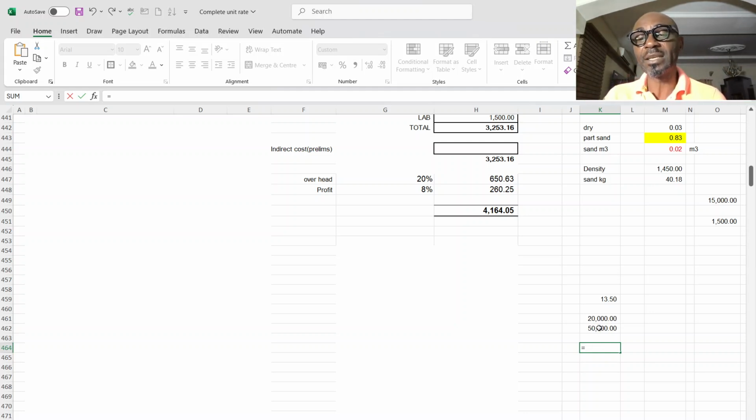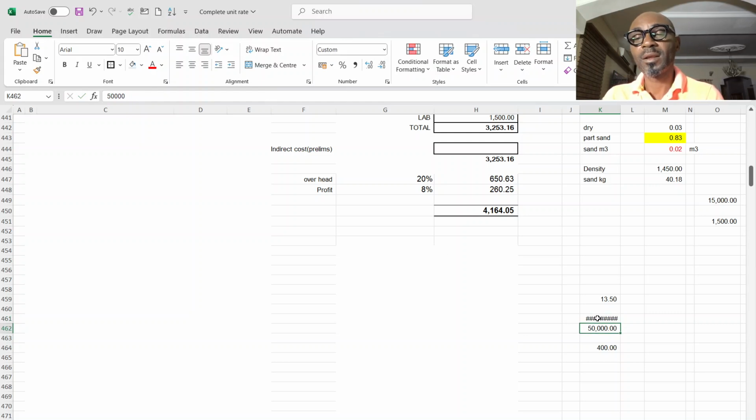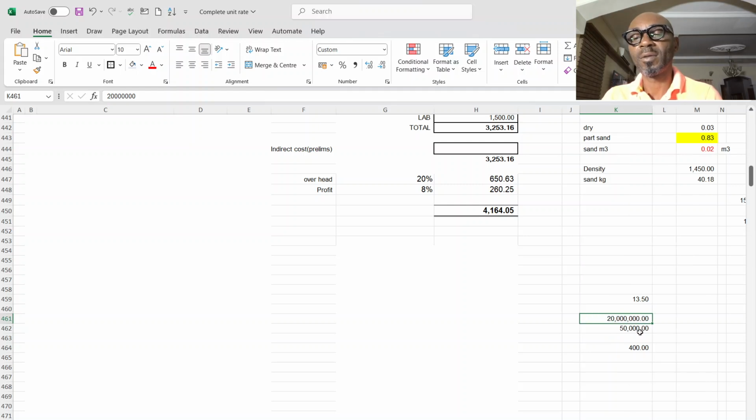Say I now divided this 20 million by 50,000 square meters.